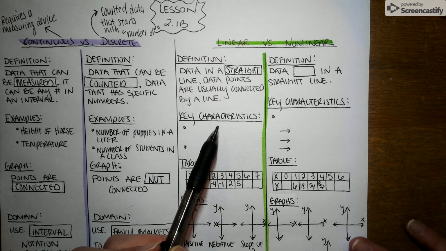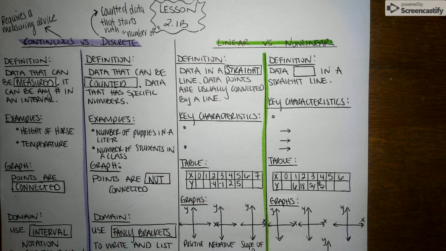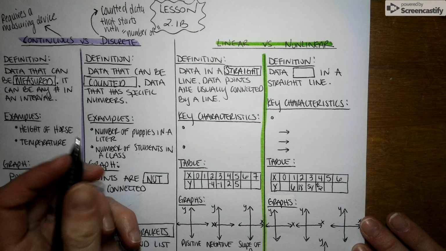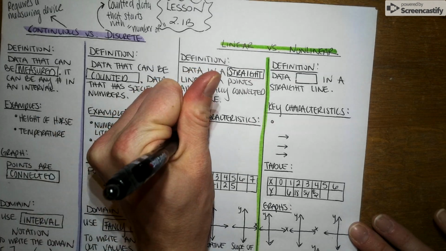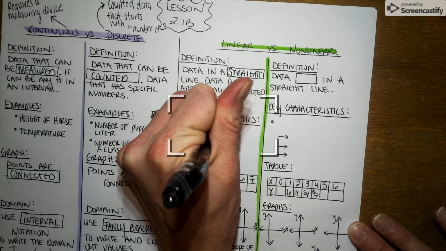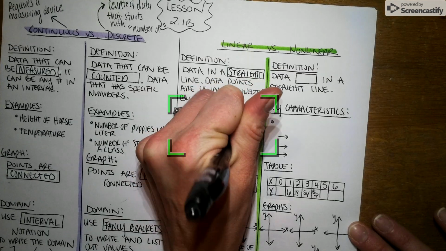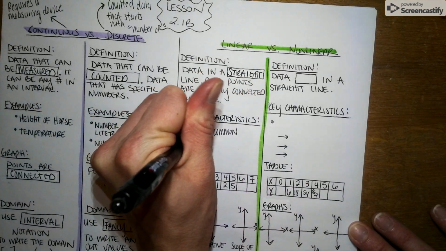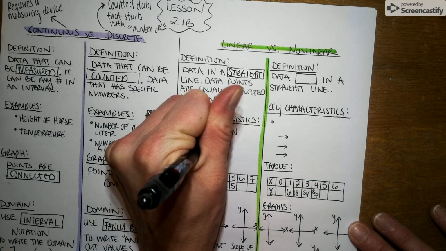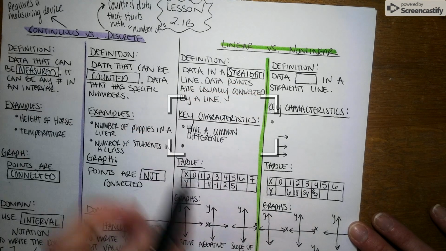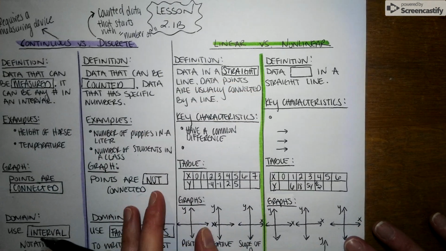Some key characteristics that linear functions have is that they have a common difference. This vocabulary word comes from Unit 1.